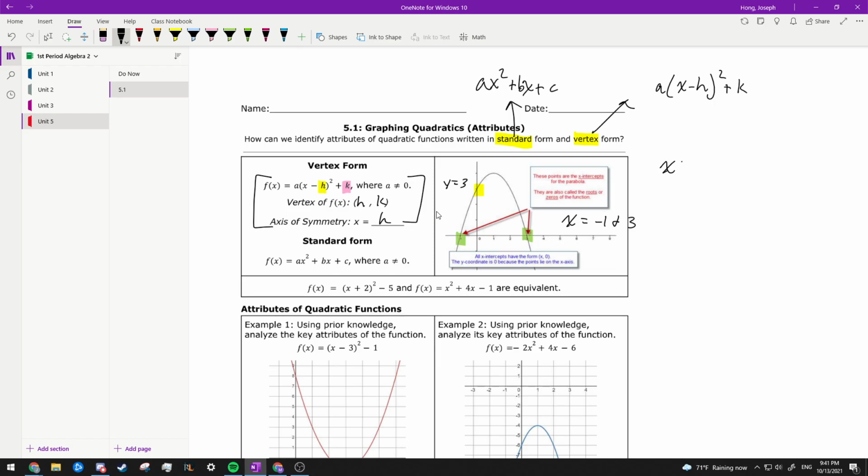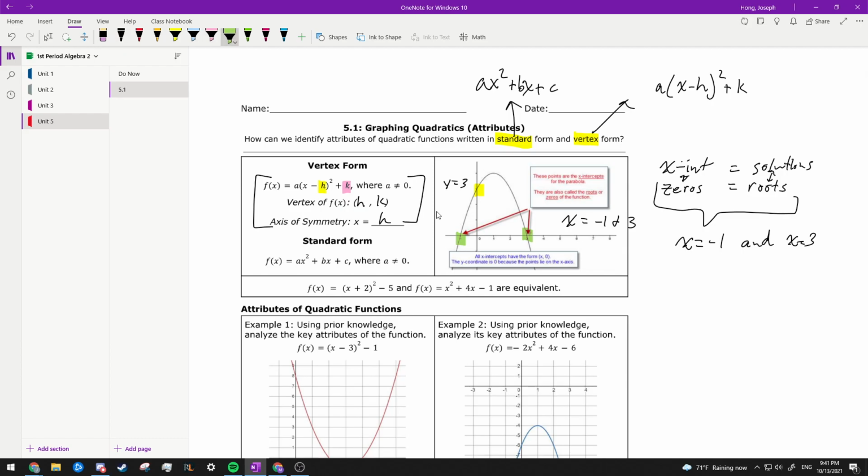So x-intercepts is the same as solutions, which is the same as roots, which is the same as zeros. So all 4 of these words actually mean the same thing. So all of these is x equals -1 and x equals 3.